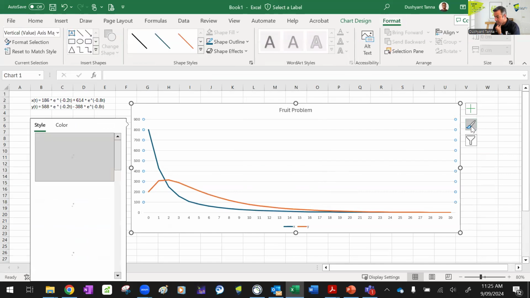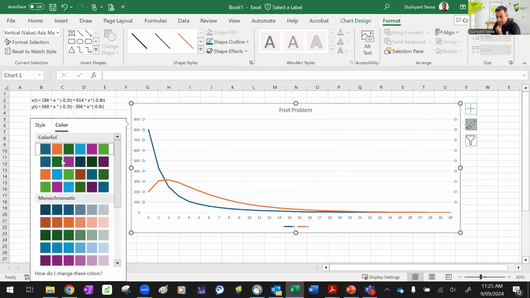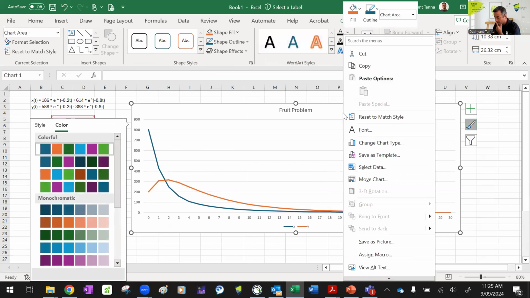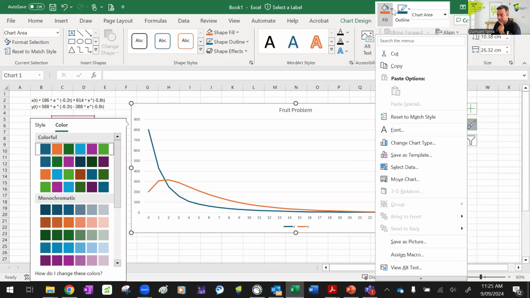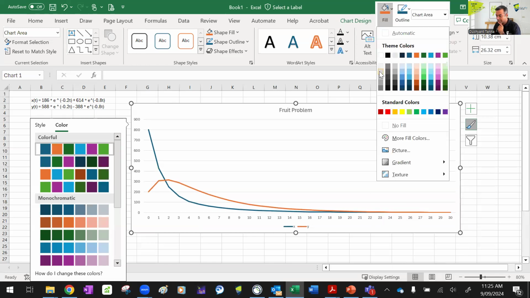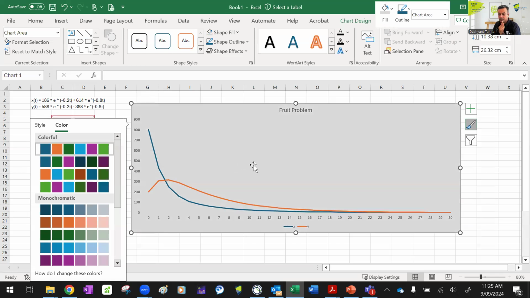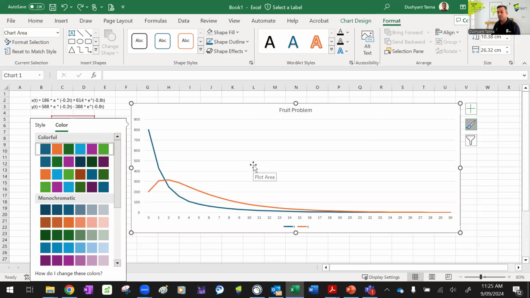You can go for color if you want any changes, or go here, right click, and you can really do a lot of fancy things. When you right click, it says fill, and go for a fill, some light color, so it looks more clear. You don't need the grid line. If you want it, just undo to keep the grid line. Okay.